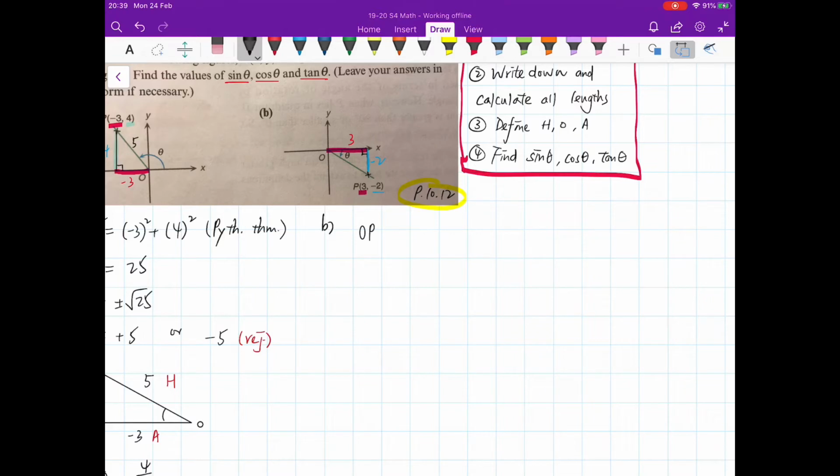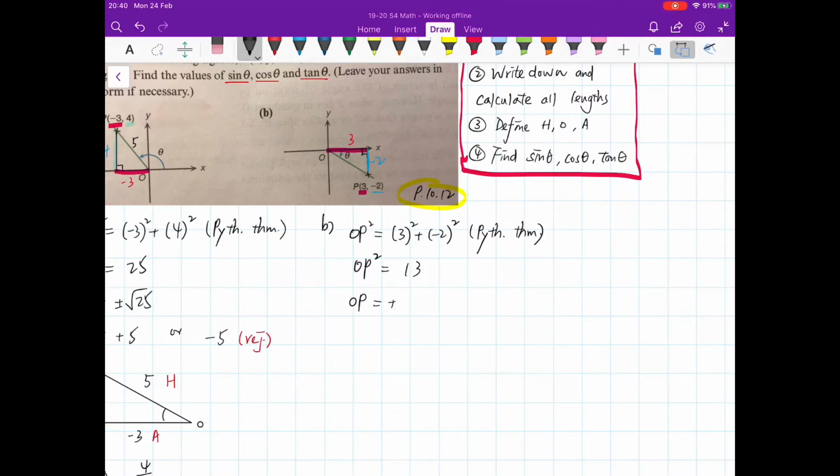Once again, we are using the Pythagoras theorem. The square of OP is equal to the square of 3 plus the square of -2. So afterwards, we know that the square of OP is equal to 13.